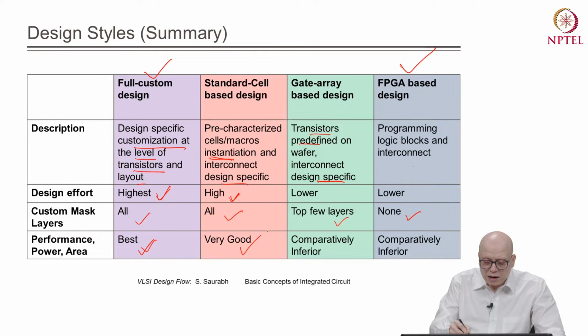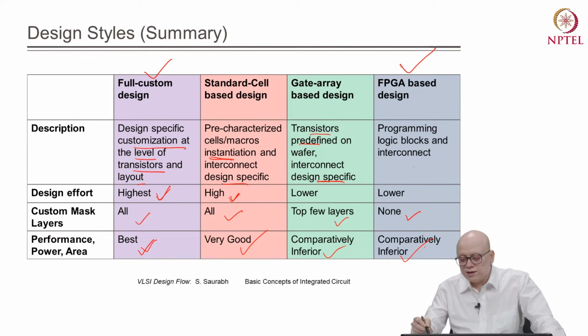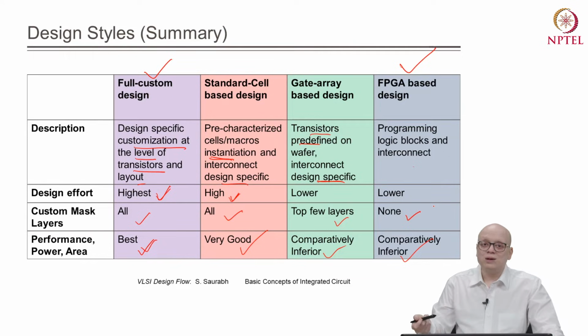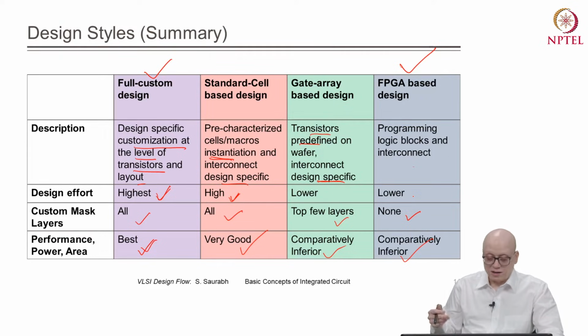And comparatively, the gate array based design and FPGA based design are inferior in terms of quality. But the strong point about FPGA based design is that the design effort is less, and if there are any bugs, they can be easily fixed by reprogramming.